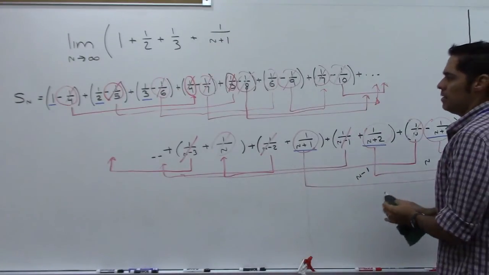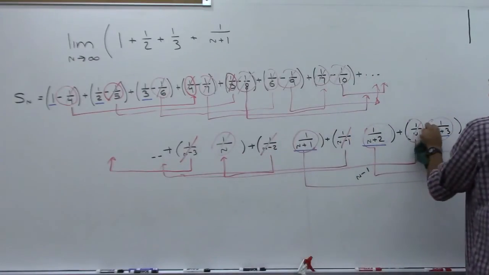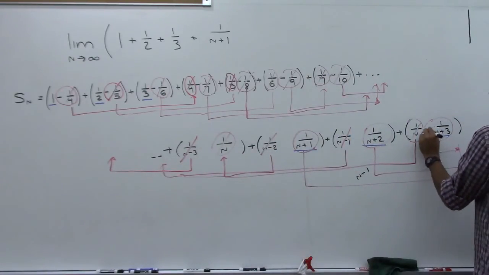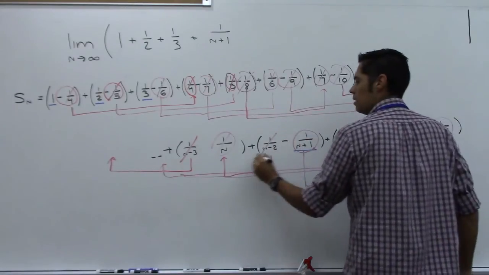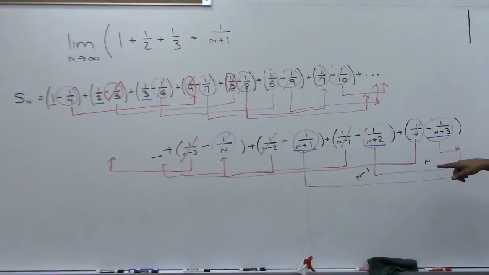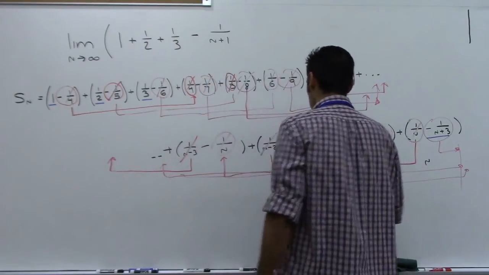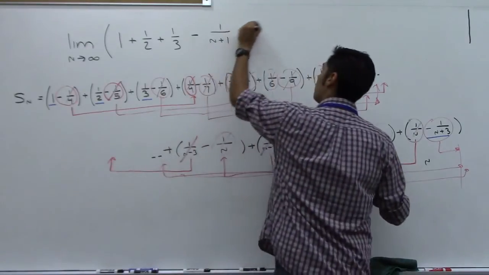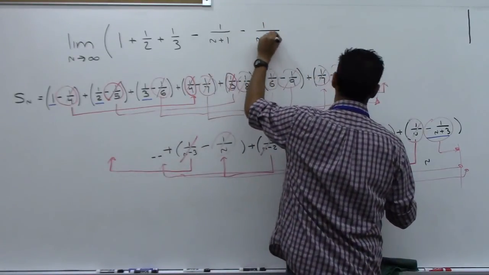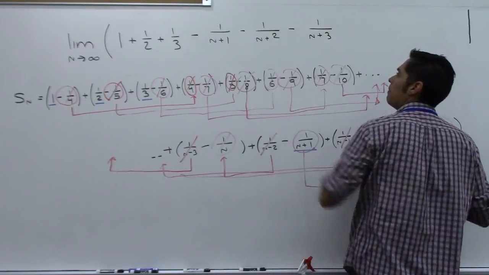Oh, I forgot to put minuses. Jeez, Robert. These were all minuses. I don't know why I didn't notice that earlier. Oops. Okay, so minus this, minus 1 over n plus 2, minus 1 over n plus 3.